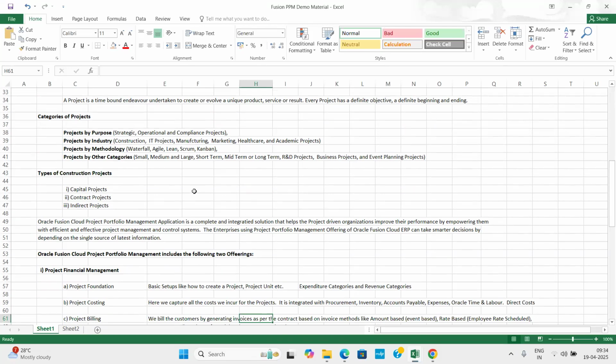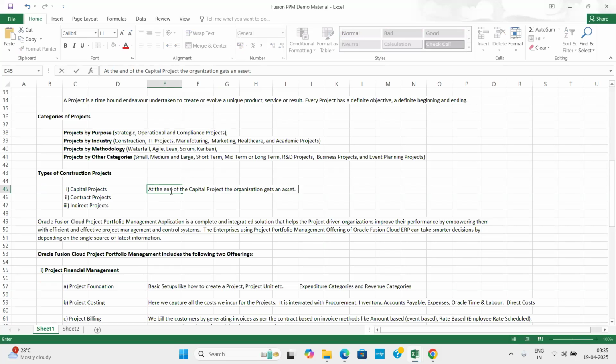Any company or organization that is doing projects for themselves, those are capital projects. At the end of the capital project, the organization gets an asset because they are constructing an asset for themselves.